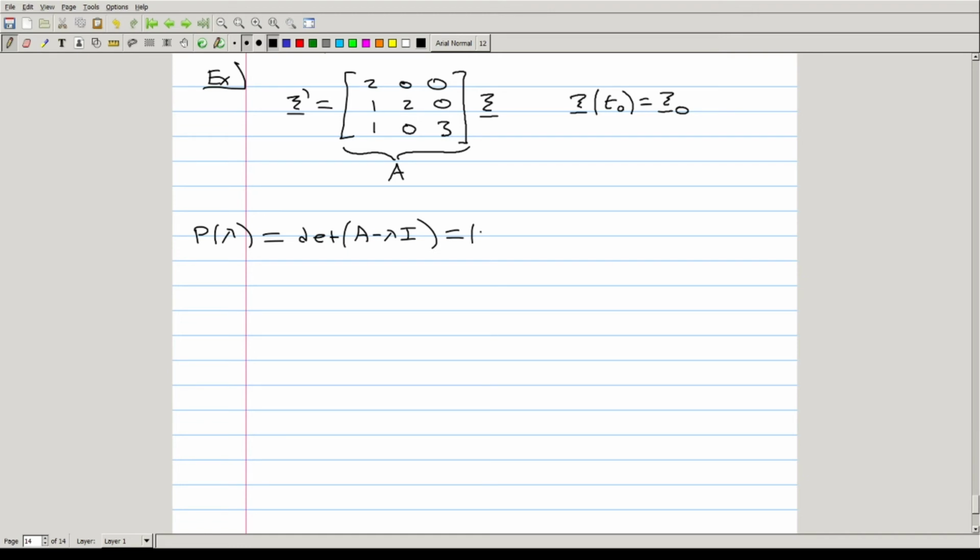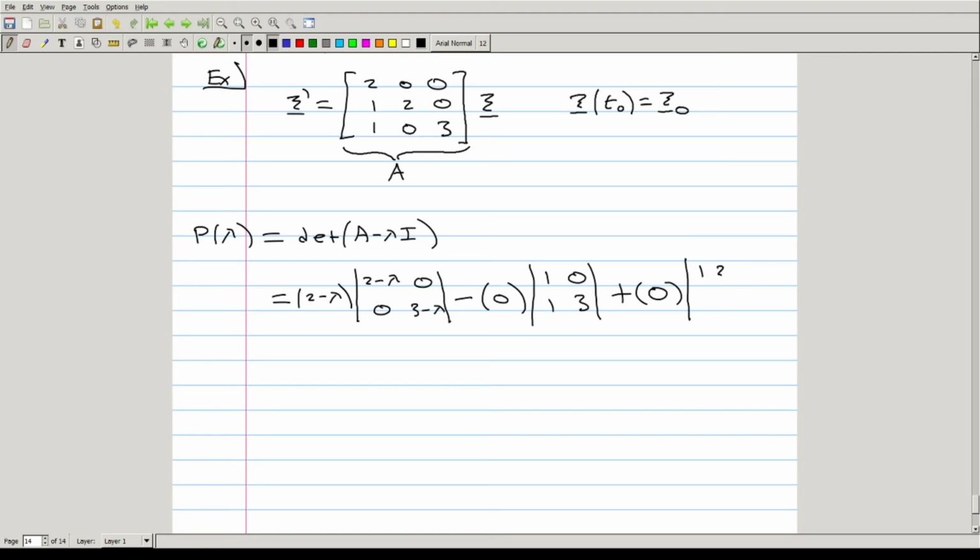This will be 2 minus lambda times the determinant of 2 minus lambda, 0, 0, 3 minus lambda, minus 0 times the determinant of 1, 0, 1, 3, plus 0 times the determinant of 1, 2 minus lambda, 1, 0.